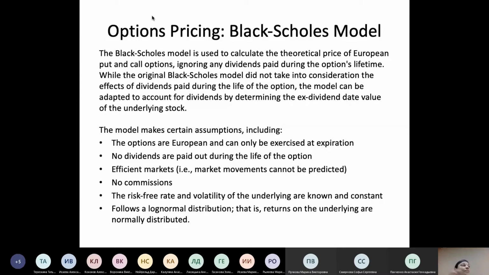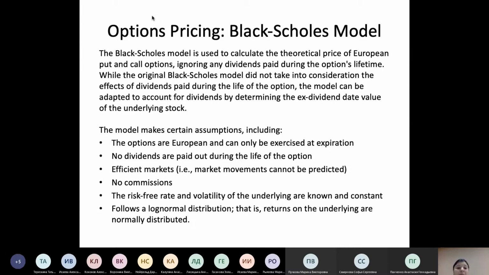In other words, the date of expiration is determined earlier, in a previous step. The classical Black-Scholes model was created for a call option, but certainly, by changing parts of this formula, we can find the value of a put option. But the classical model was created for a call option.